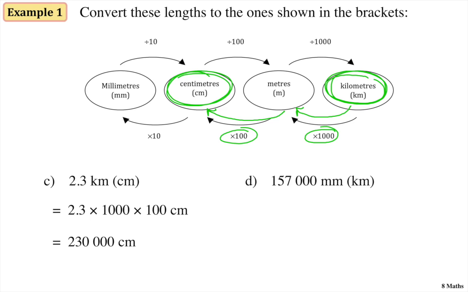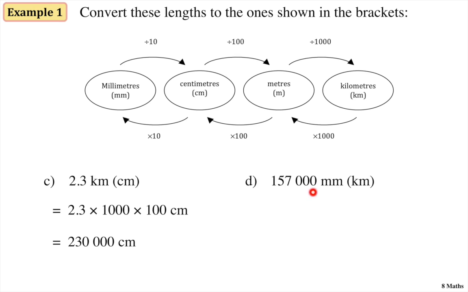Let's try our next one. Let's convert 157,000 millimetres into kilometres. Well, where's millimetres to kilometres? Here's millimetres. Here's kilometres, the furthest away. So I'm going to go once, twice, 3 times. 3 jumps to get from the beginning oval to the last oval.